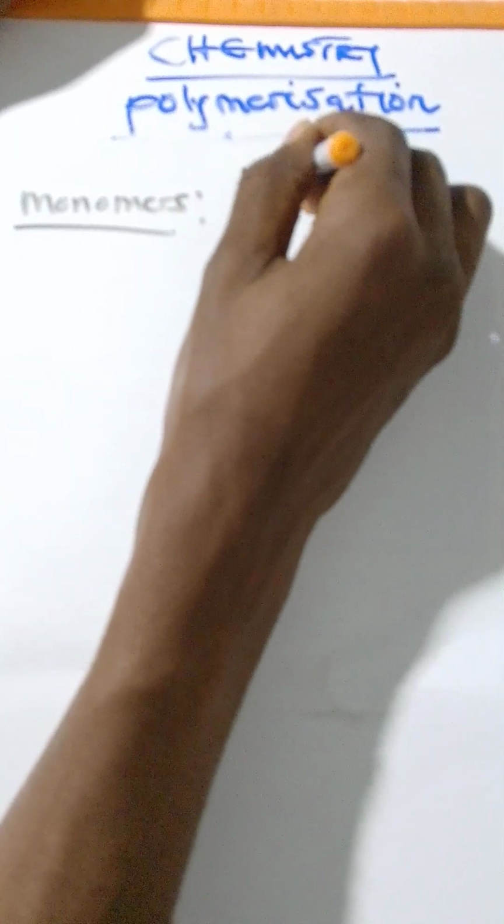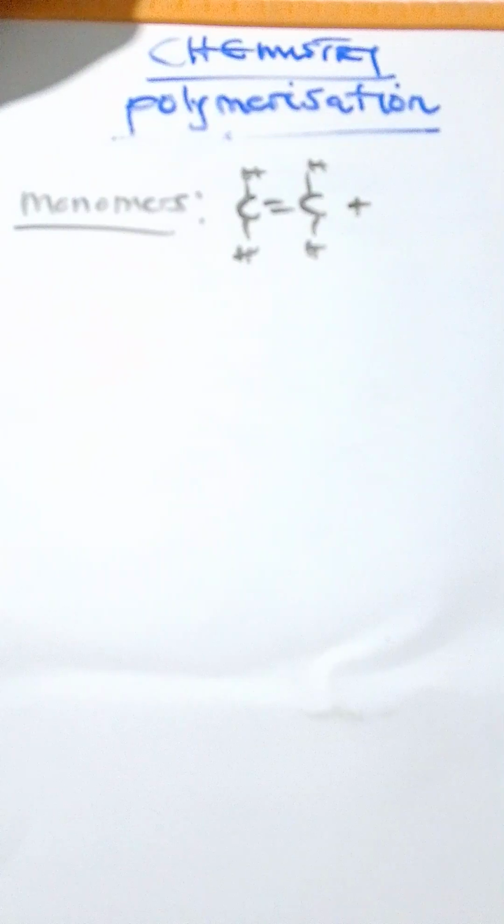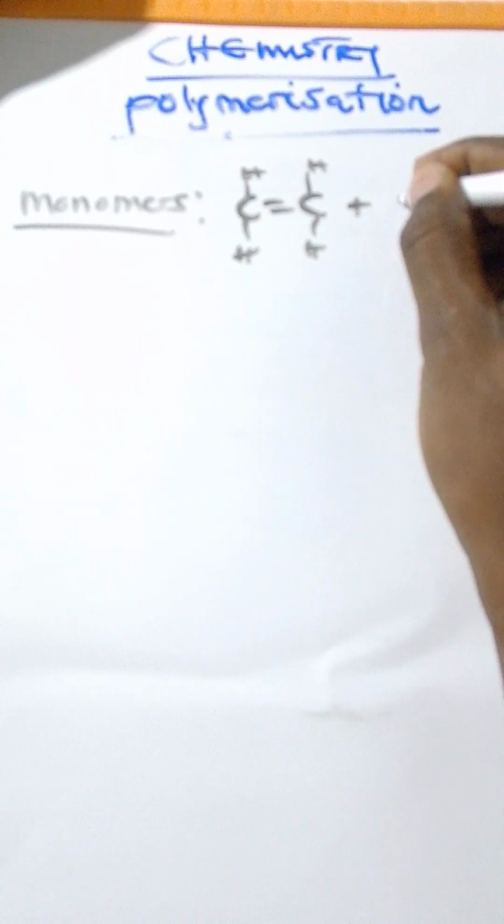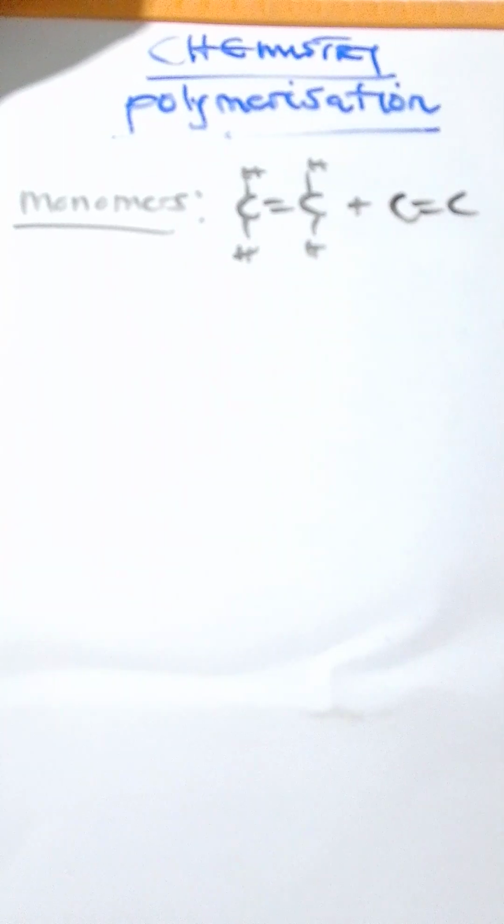So for example, if we have monomers, let's say ethene, like this, plus another ethene.